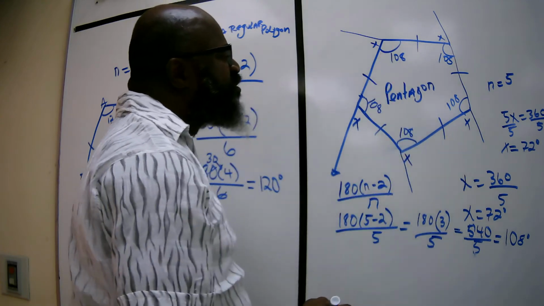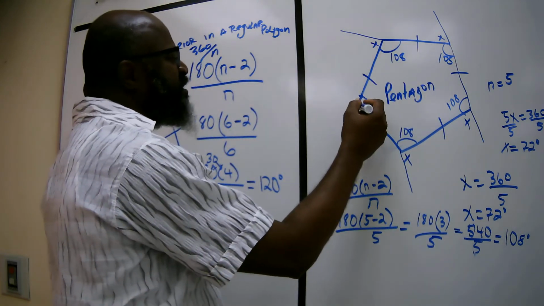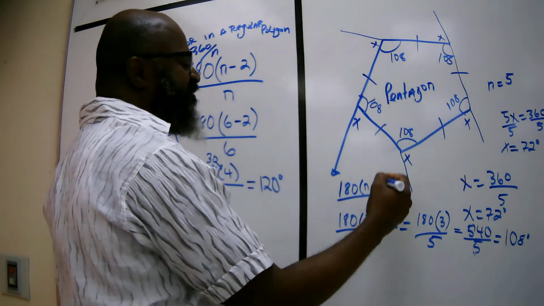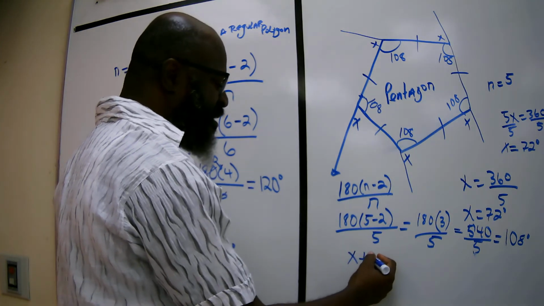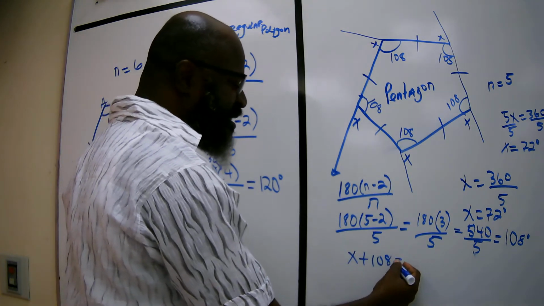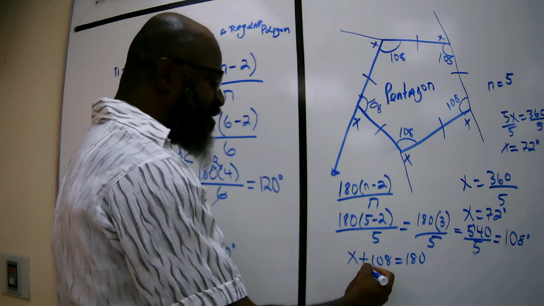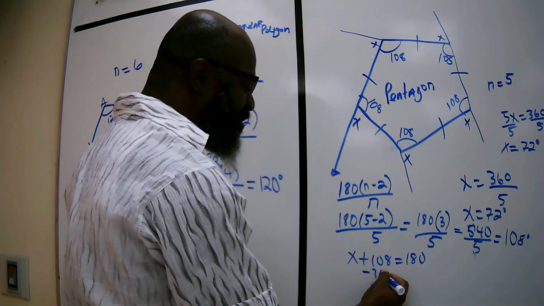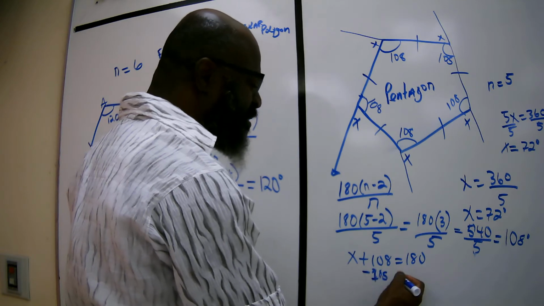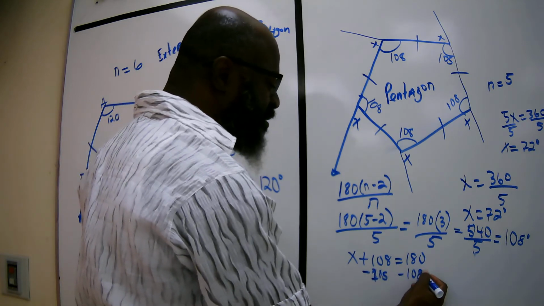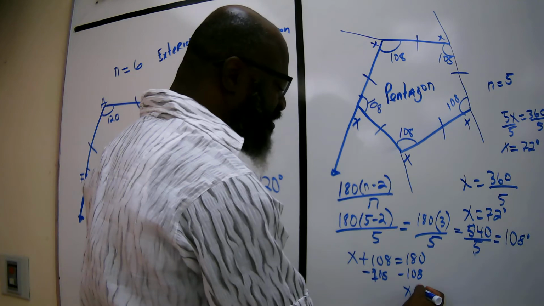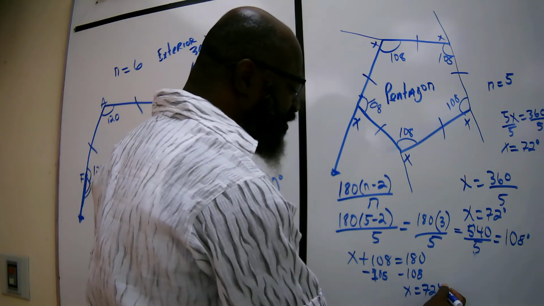Now the other way to find the exterior angle, since those two angles are supplementary, I can have x plus 108 is equal to 180. Right? Now to find the exterior angle, I will have to subtract 108 from each side. In this case, you will have x is equal to 72 degrees.